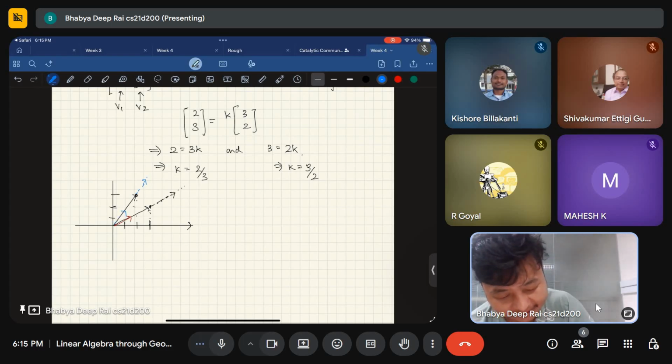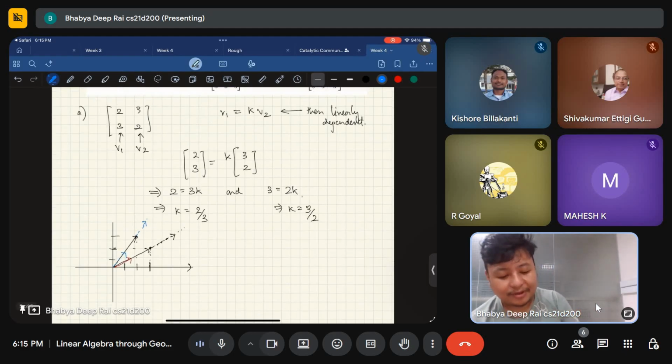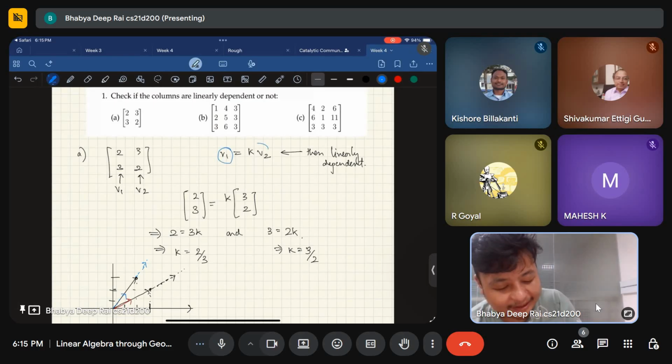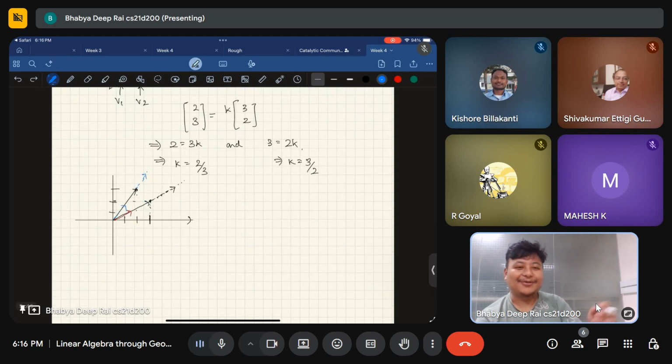It can never happen that the two will coincide. And that is what you mean by linearly dependent in a 2D scenario, right? Because what you are saying is that when extending v2 by a k factor, you get v1. But that is not the case. So this is a very intuitive and graphical way to do it. Any other way to do it?